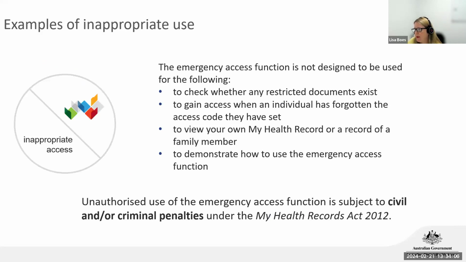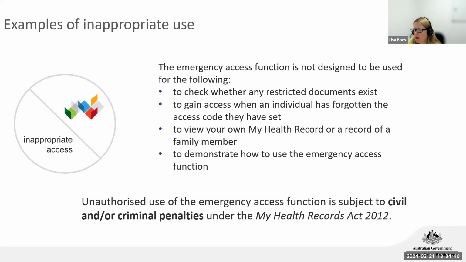So we've got some examples of inappropriate use on the next slide. Emergency access is not designed to be used to check whether any restricted documents exist, except in accordance with Section 64 of the Act, where the treating healthcare provider reasonably believes that access is necessary to lessen or prevent a serious threat to the individual's life, health or safety, and it is unreasonable or impracticable to obtain consent, or to lessen or prevent a serious threat to public health or safety.